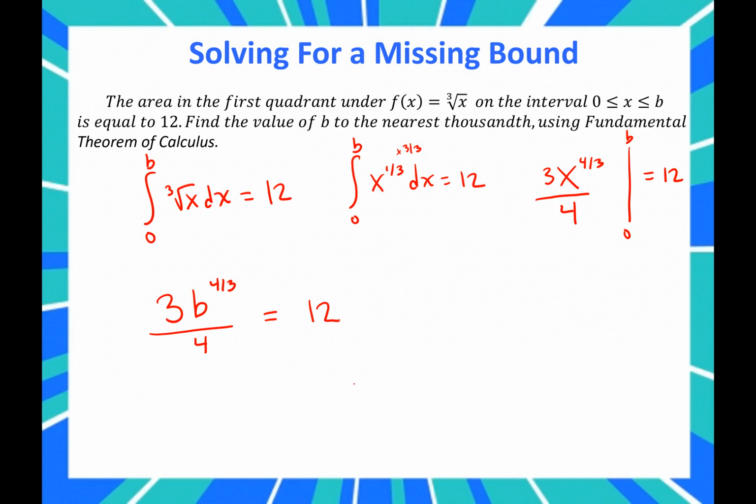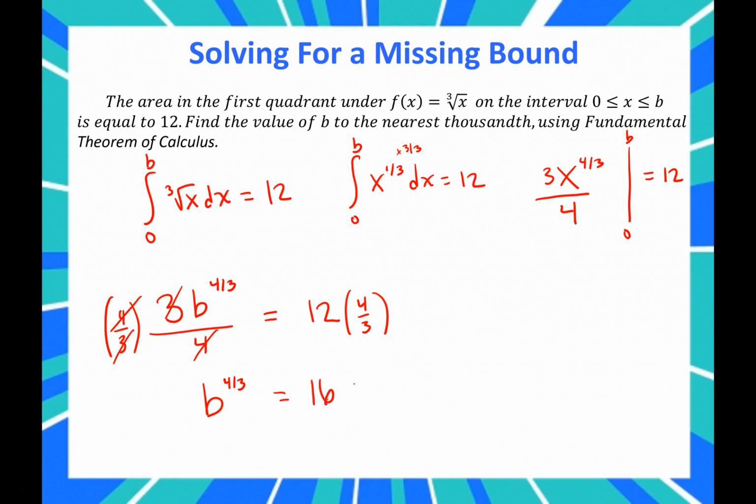So instead of doing this in 2 steps, let's just multiply by 4/3. That'll be kind of nice. Why do I do that? Well, the 4 cancels with the 4, the 3 cancels with the 3, and I'm left with b to the 4/3 is equal to 12 times 4 divided by 3, which is 16.